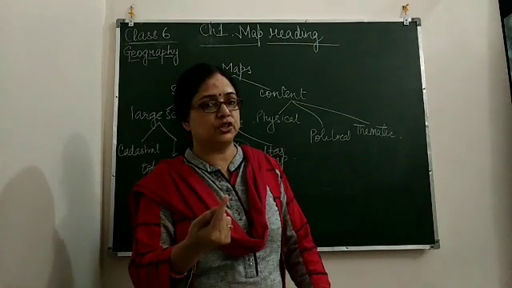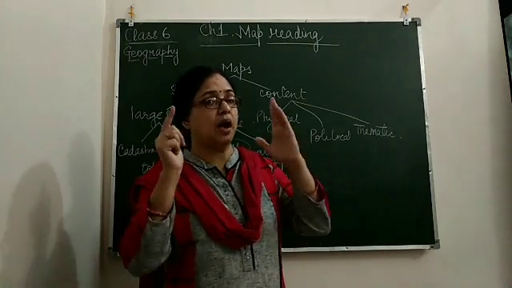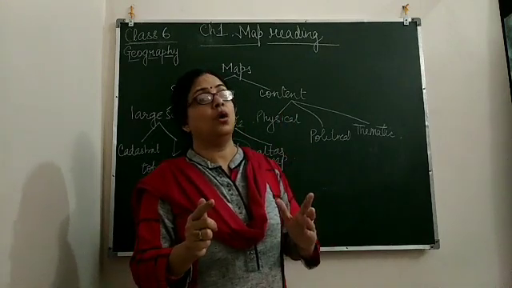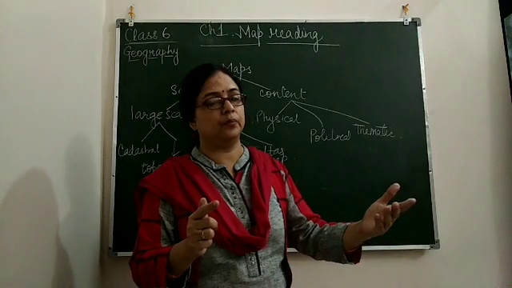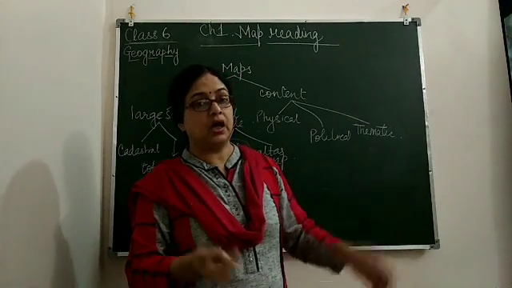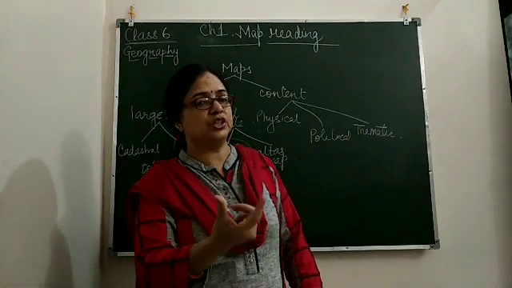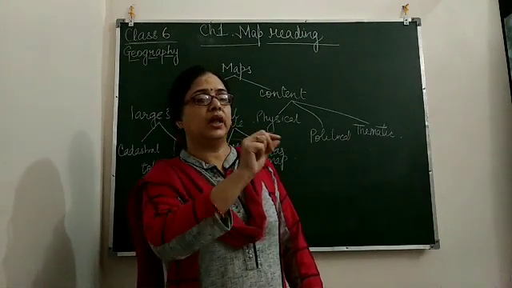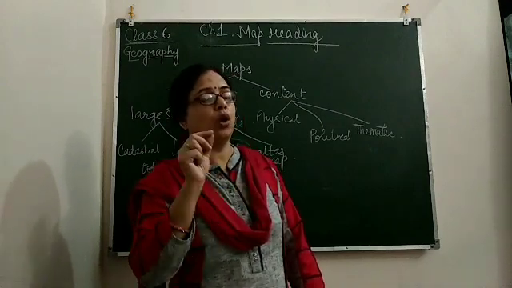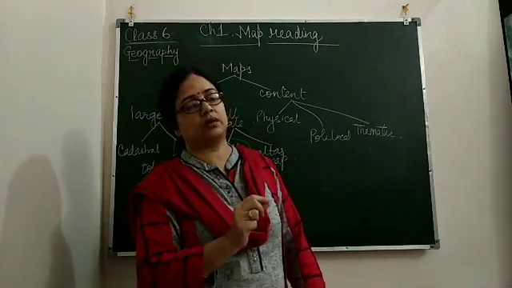If there is a map of India, or a map of Uttar Pradesh, or a map of any country, France or Italy, and it is representing the vegetation, we come to know through different colors what type of vegetation is found in that country.